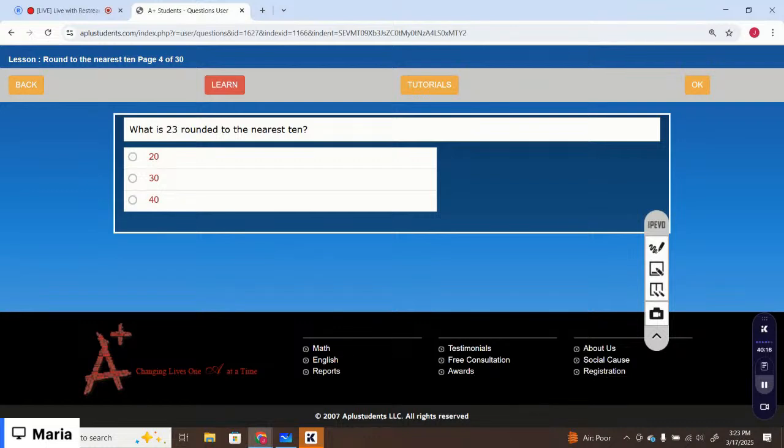What is 23 rounded to the nearest 10? 23 is rounded to 20.